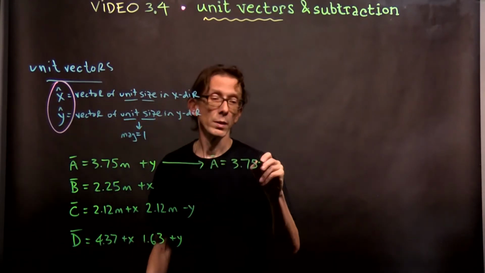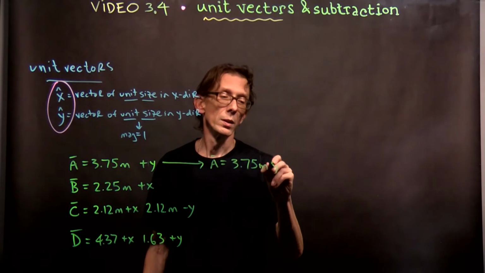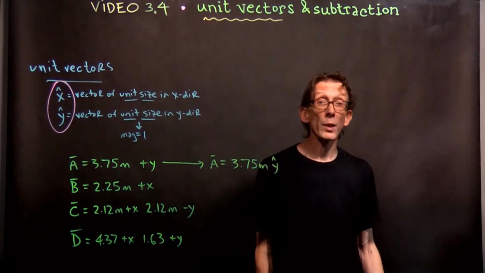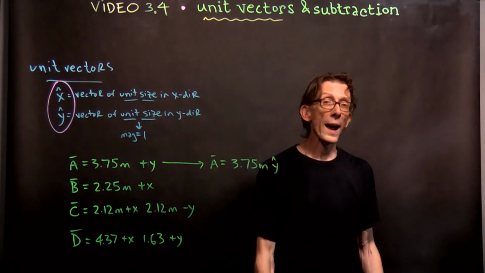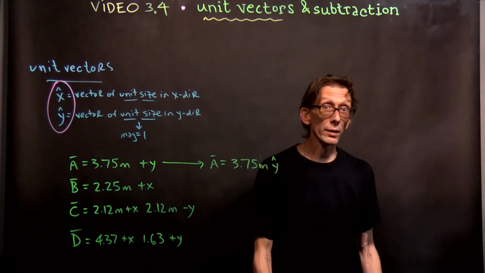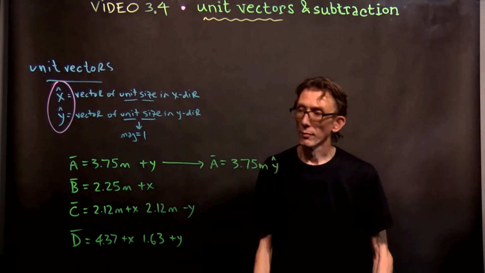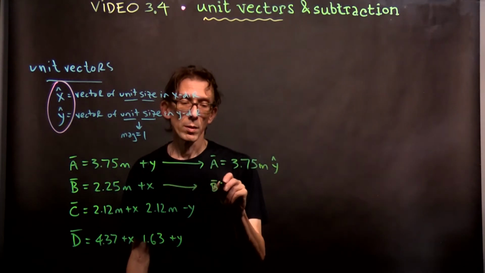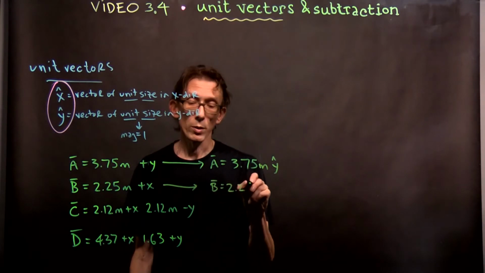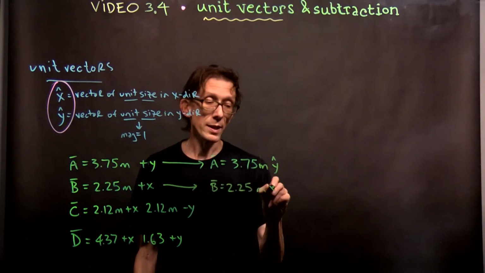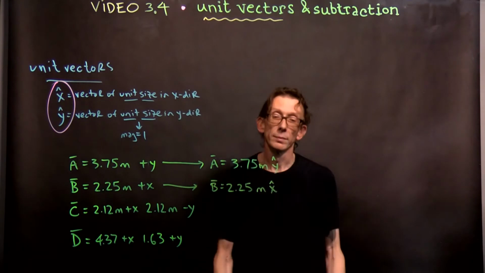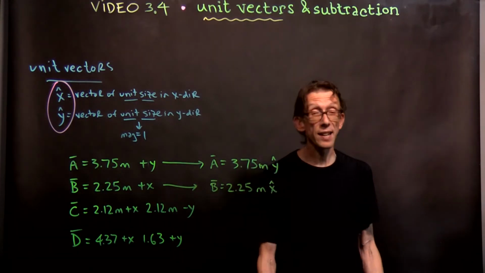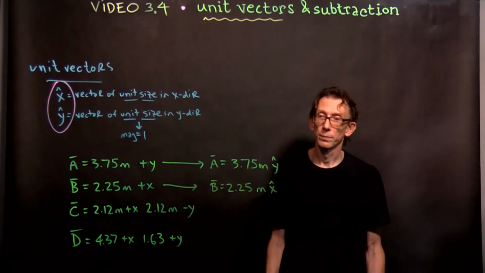So that tells you that A is directly up in the y direction. All the y hat does is tell you the direction of that vector, which is up. So B is 2.25 meters in the x hat direction. Not, you don't say x hat direction, you just say x direction. X hat tells you it's the x direction.